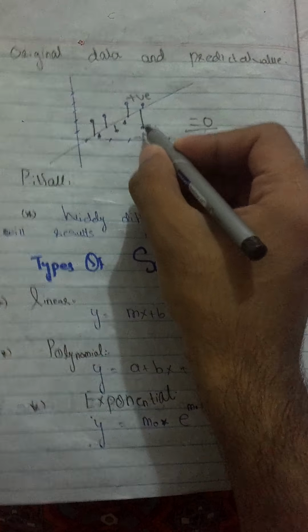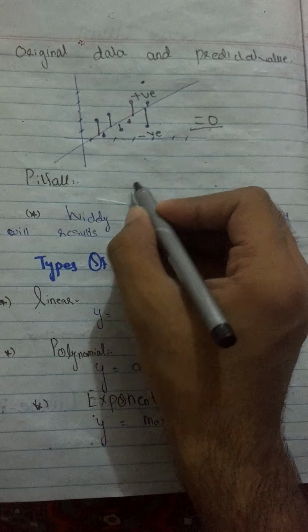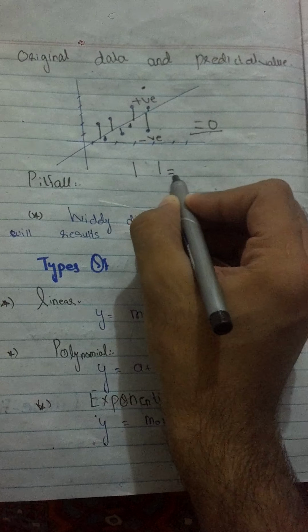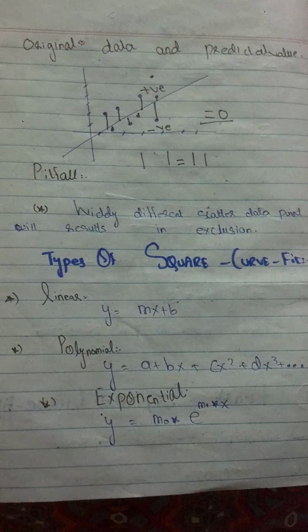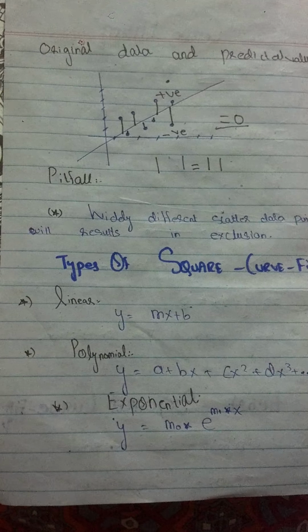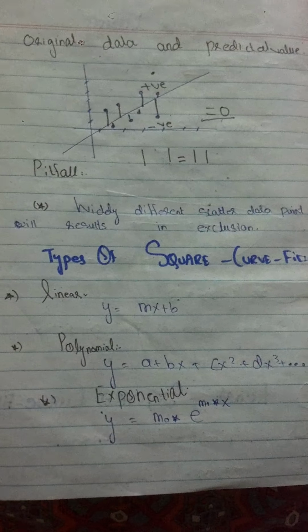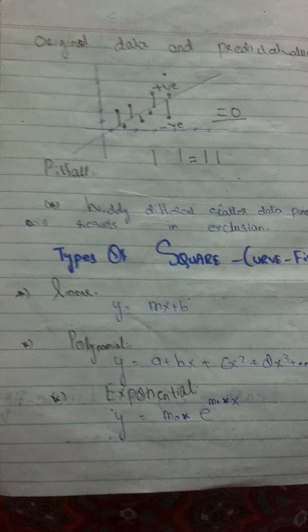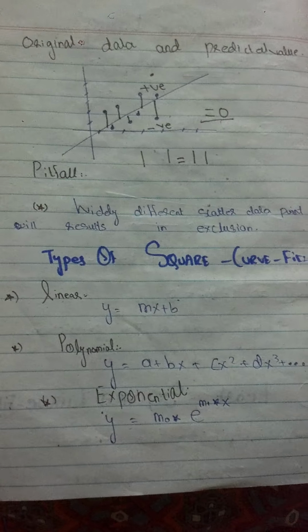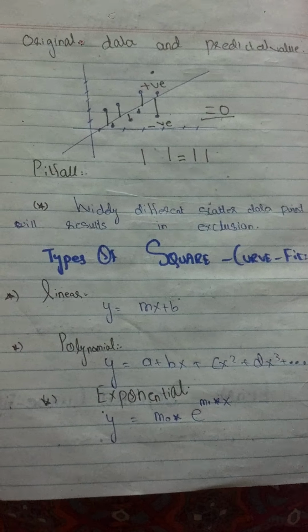So this point will be something like here, and all the values become positive, the magnitudes become equal, and then it sums them to find out what the error really is, the total sum error of the curve or the line we made on the scatter plot. And every time it does that, it tries to minimize those errors and results in the best fit line or curve in the scatter plot.